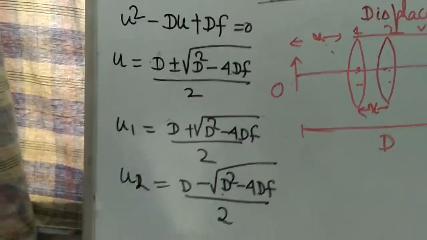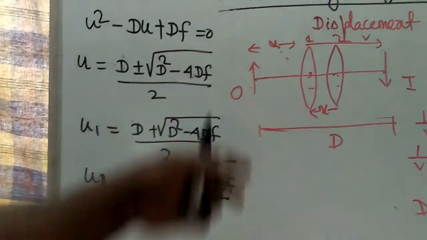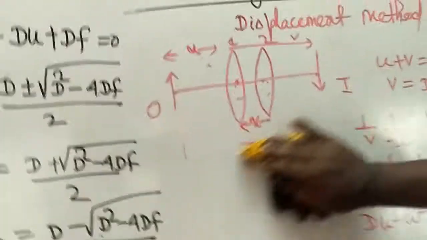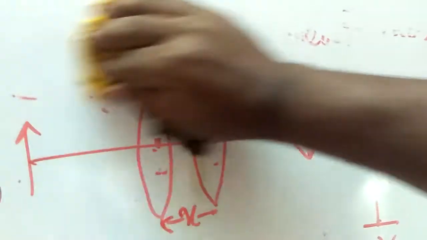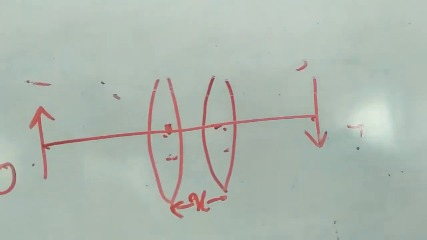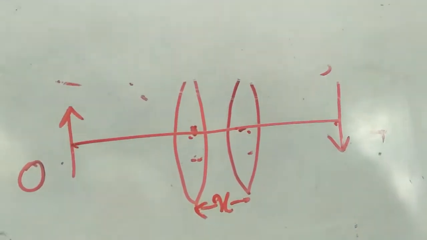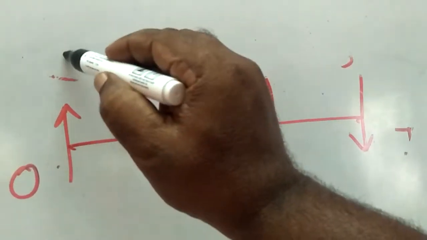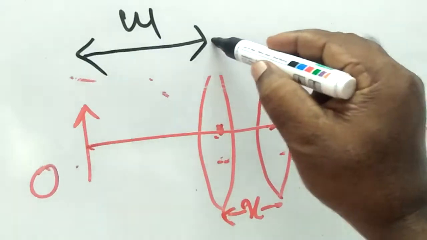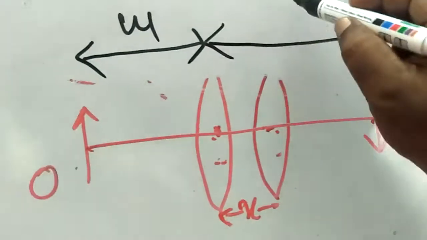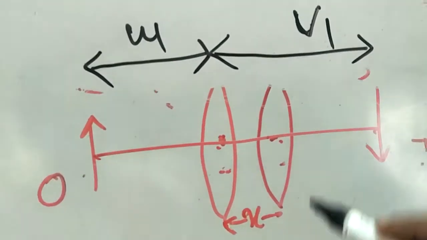Let us indicate their positions in this picture. If we write u1, this will be the image position, v1.